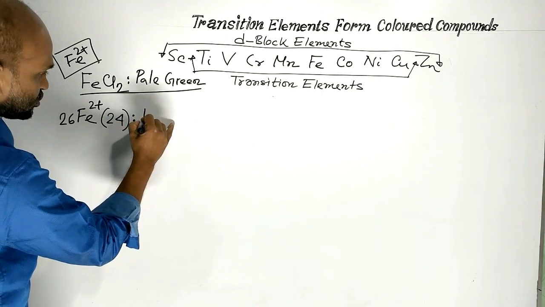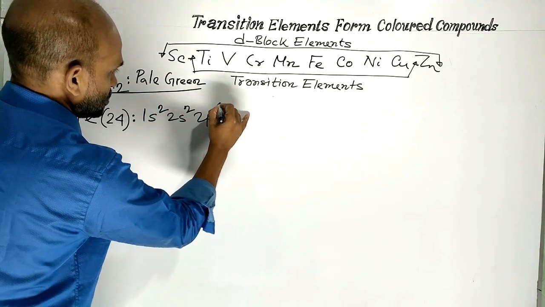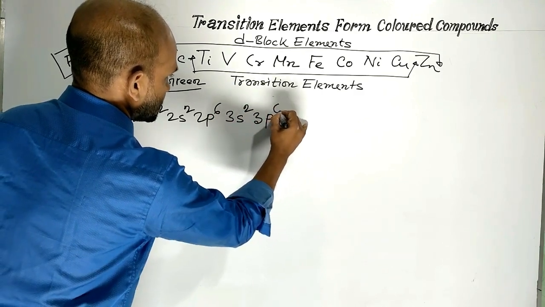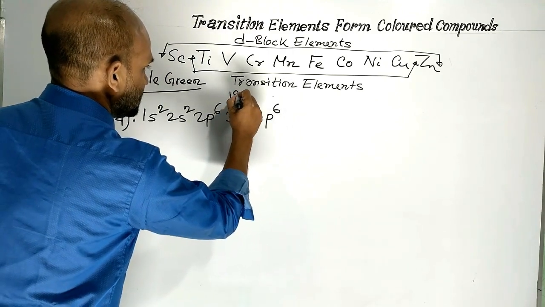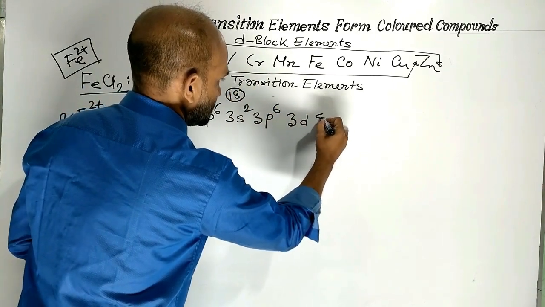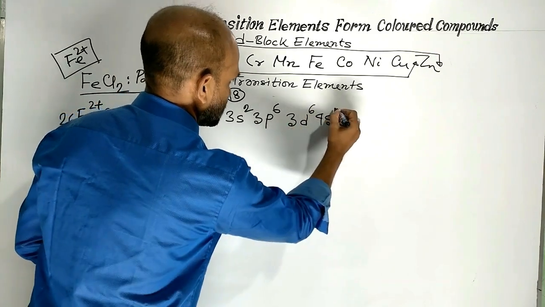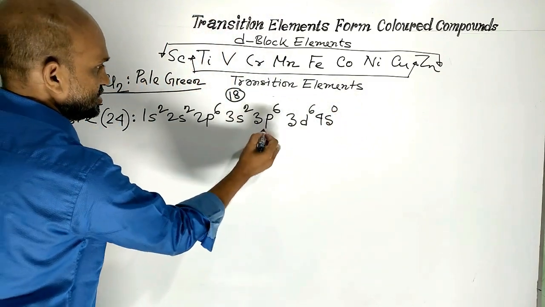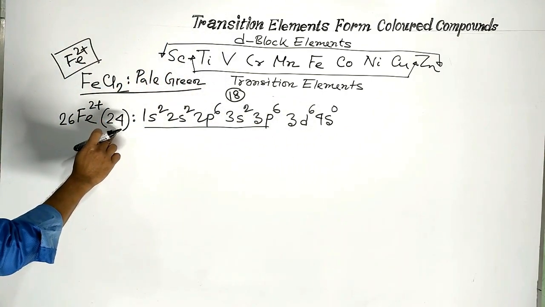Now let us write the electronic configuration: 1s2, 2s2, 2p6, 3s2, 3p6. Up to 3p, there are 18 electrons. Then 3d6, 4s0, that is 18 plus 6, total 24 electrons.